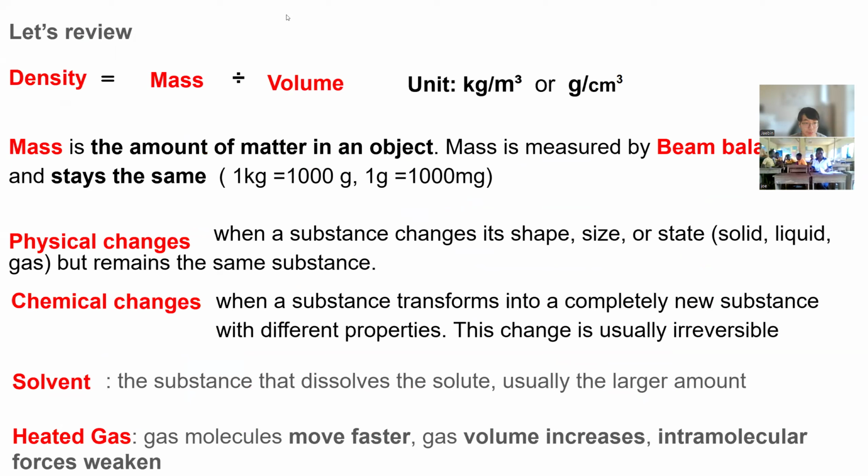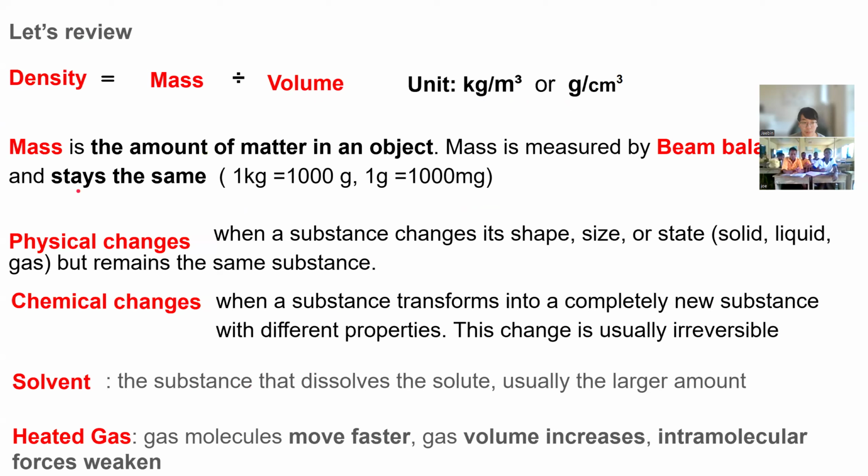We will first start by reviewing what we learned last time. Last time we learned about density, and density is mass divided by volume. The units are kilograms per meter cubed or grams per centimeter cubed.